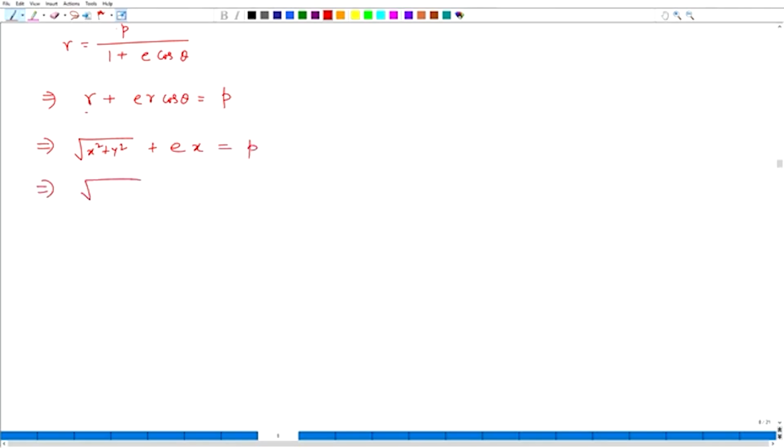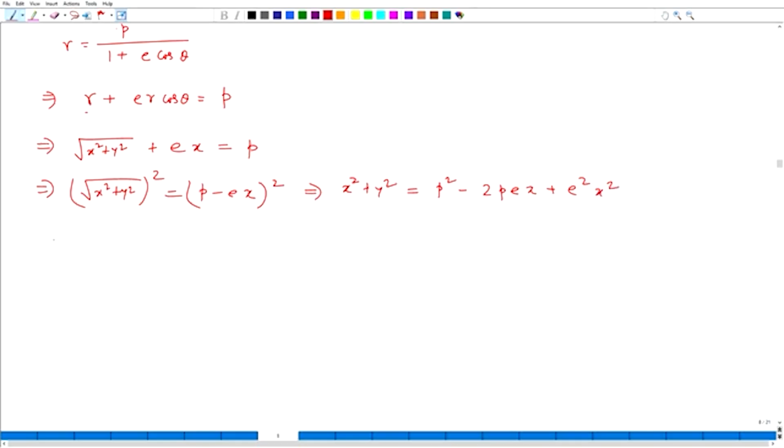I take the square root term on one side and p minus e x on the other side, and square both sides. Squaring x squared plus y squared gives p squared minus 2 p e x plus e squared x squared.